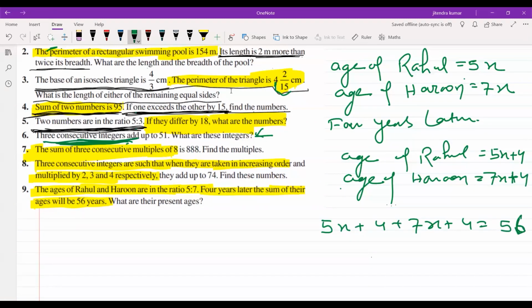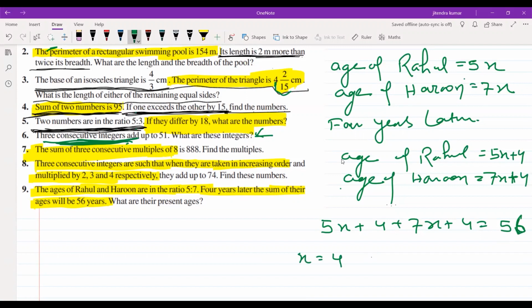Please solve, all of you, and find x. So x is equal to 4.